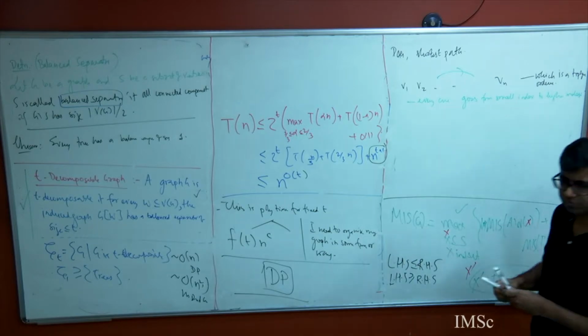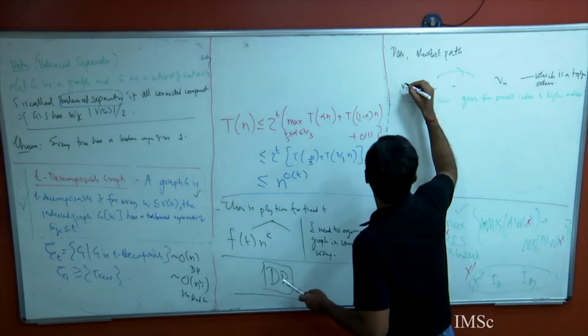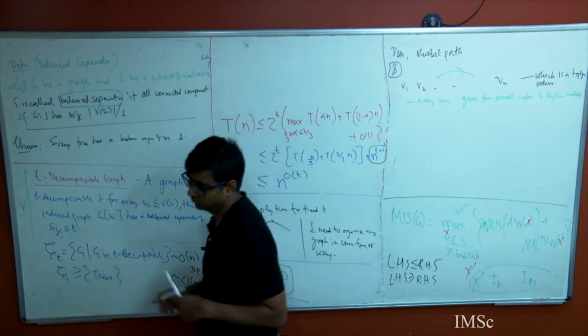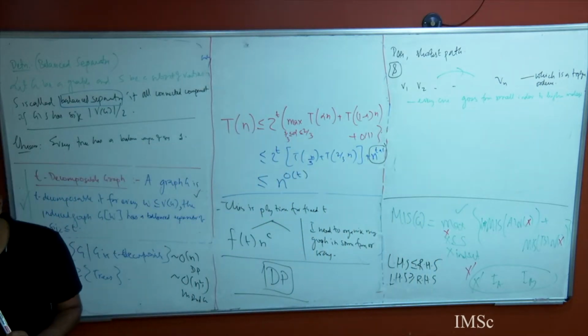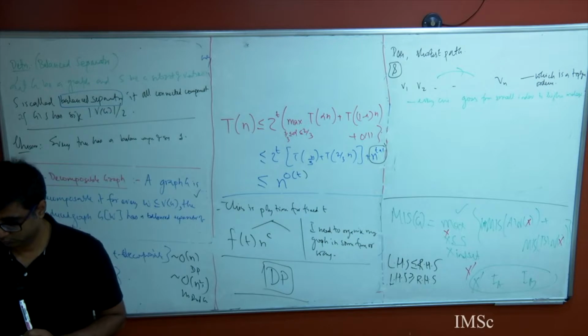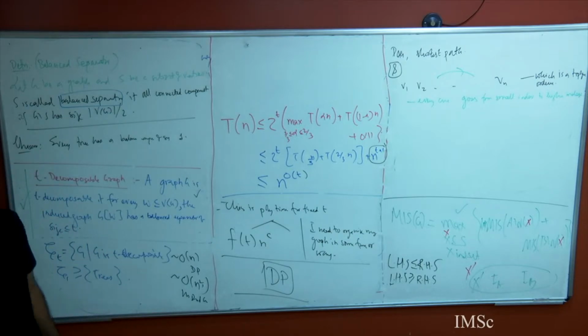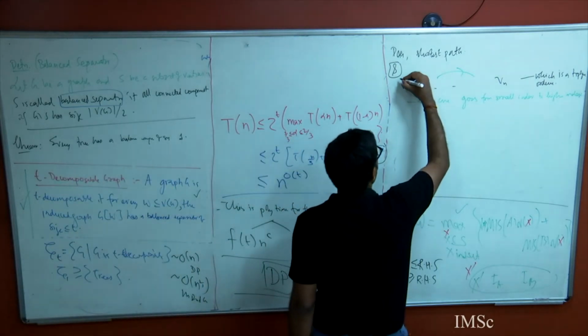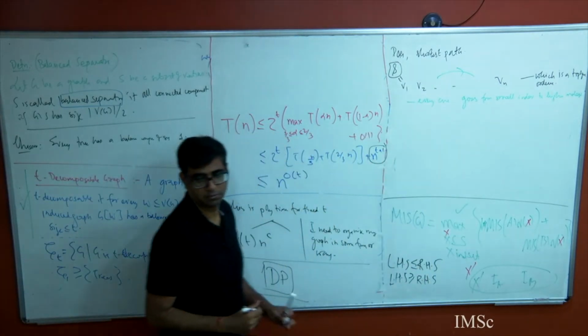Suppose I give you some vertex S. I want to find shortest path from S to everybody else for now. And suppose, for making your life easy, suppose S is V1.